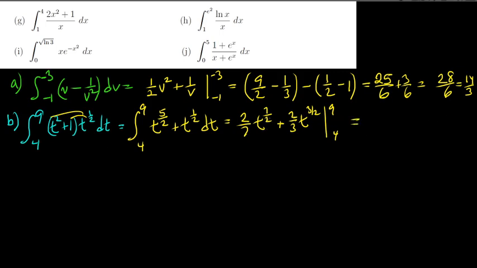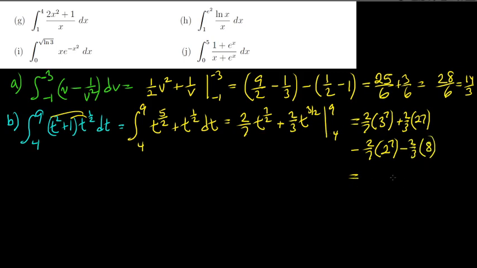So when you plug in 9, you get 2/7 times 3 to the 7, plus 2/3 times 3 to the 3, which is 27. And then minus, square root of 4 is 2, so 2/7 times 2 to the 7, plus 2/3, as you're subtracting them both, of 2 to the 3, which is 8.